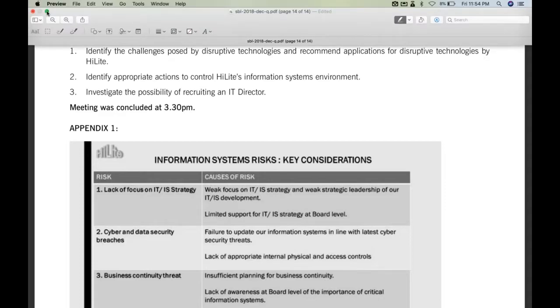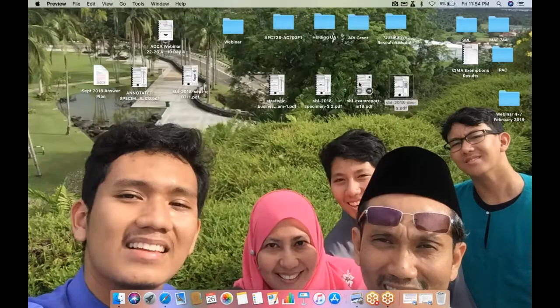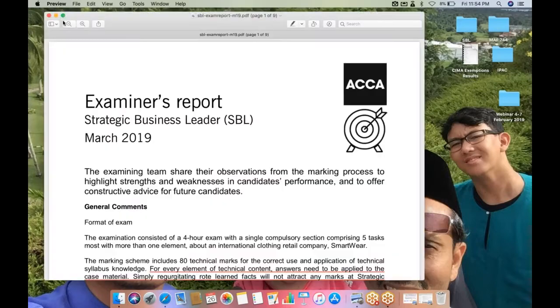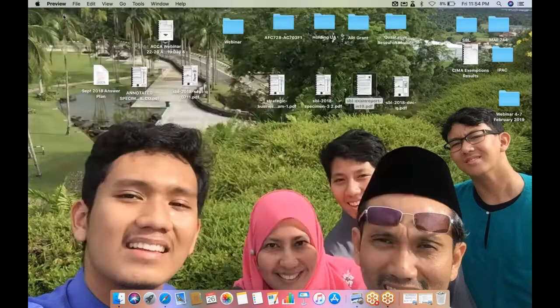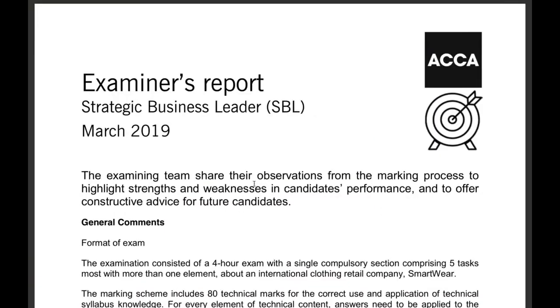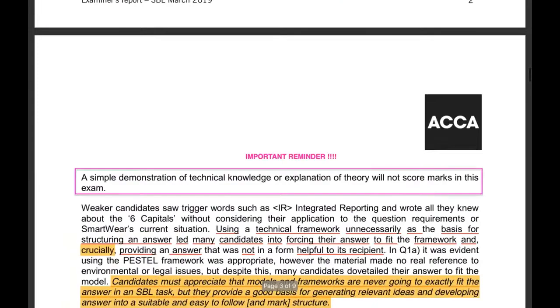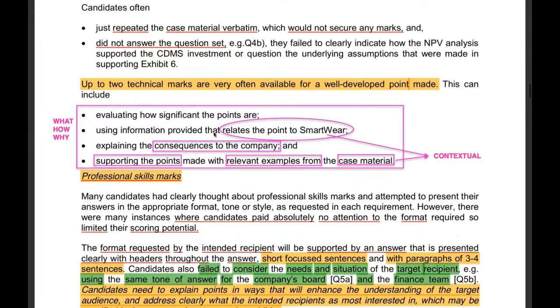Let us go back through that examiner's report. To draft your answer, take note of this one. Evaluate how significant the points are, using information provided that relates to the point too.